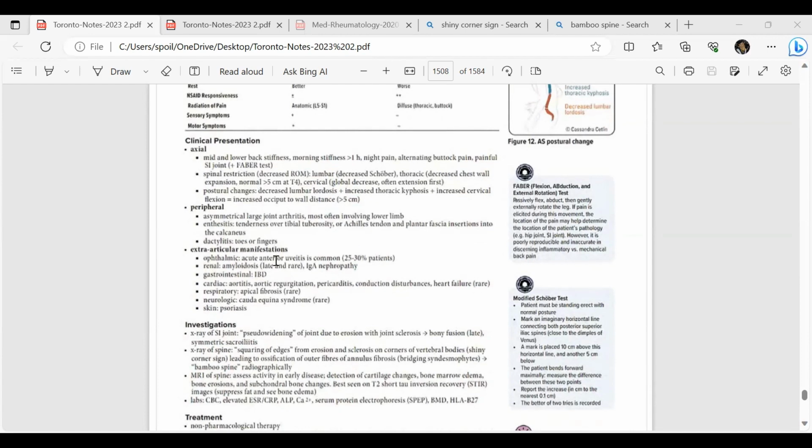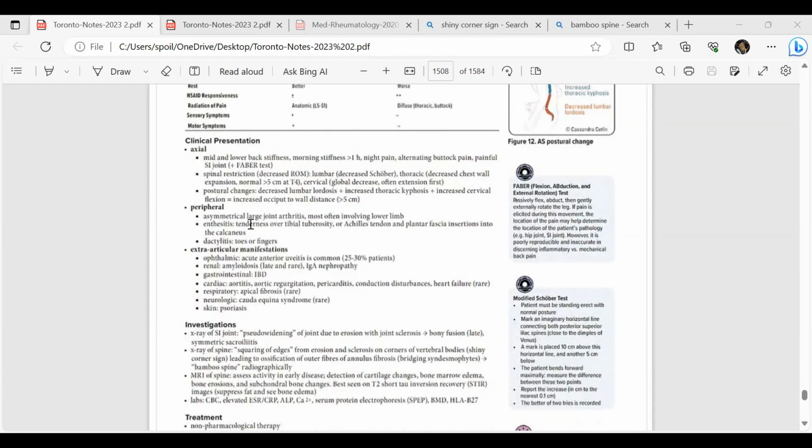Okay, extra-articular manifestation of ophthalmic: anterior uveitis, which is common in 25 to 30% of the patients. Amyloidosis, which is late and is rare. IBD will be there. And yes, aortic regurgitation, pericarditis, respiratory apical fibrosis is rare, chordic venous is rare, skin psoriasis.